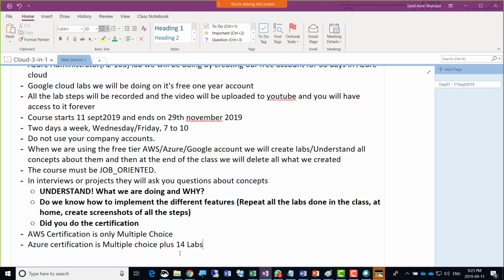A lab means they will ask you, okay, please create a virtual machine and connect it to files. There are smaller labs and complicated labs. Those are the 14 labs that are coming. Sometimes they make it 16 labs as well. But you will get some labs.